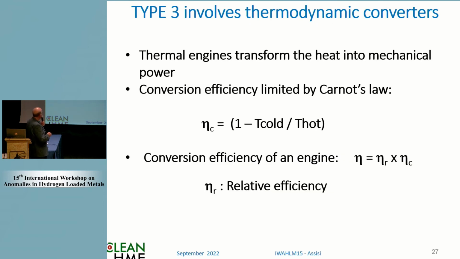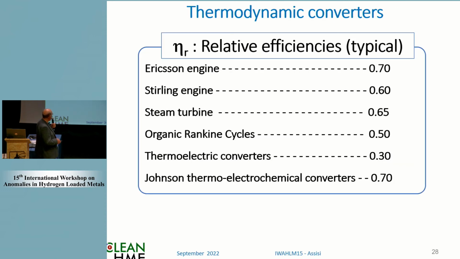And if you consider thermodynamic converters, the efficiency is governed, as you know, by the Carnot theorem, but it's not enough, because no thermodynamic engine is able to reach this theoretical limit. So you have to accept to multiply this theoretical efficiency by a relative efficiency, which depends heavily on the type of machine you have. For example, for a steam turbine, you are happy with 0.65.